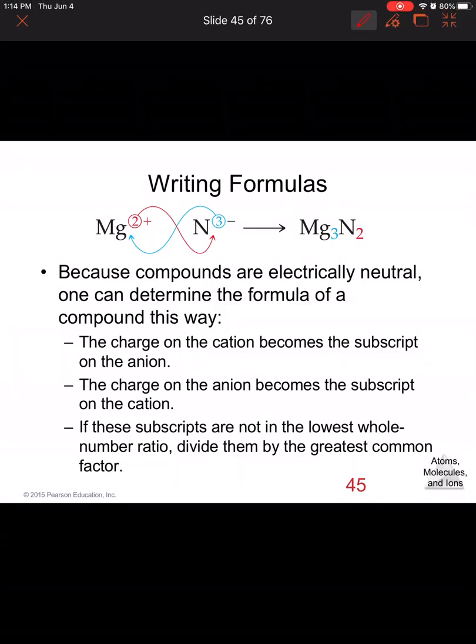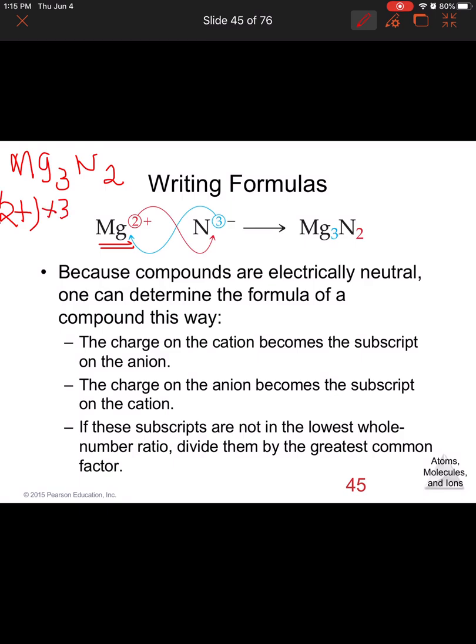Now we have 3 magnesiums, Mg3N2. What is the charge of one magnesium? That's 2 plus. And how many of these are in magnesium nitride? There are 3. So 2 plus times 3 is plus 6. So a total of plus 6 charges in magnesium nitride.